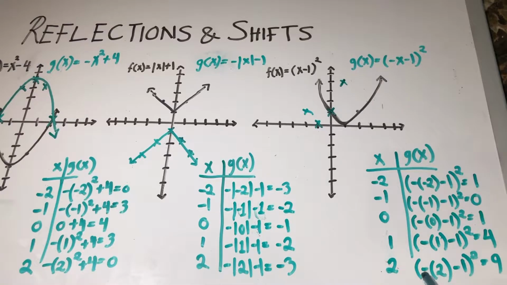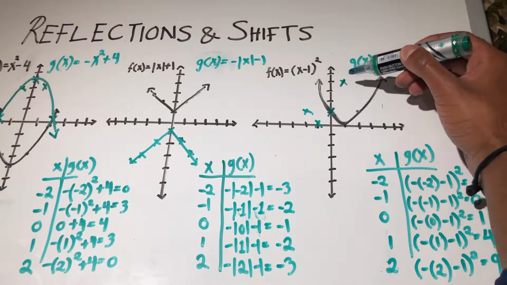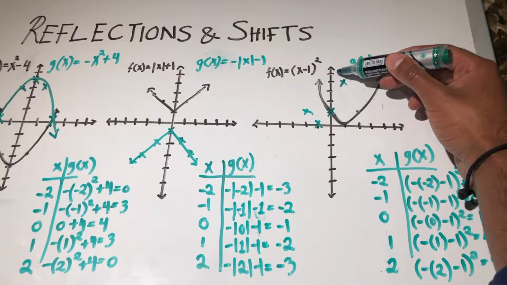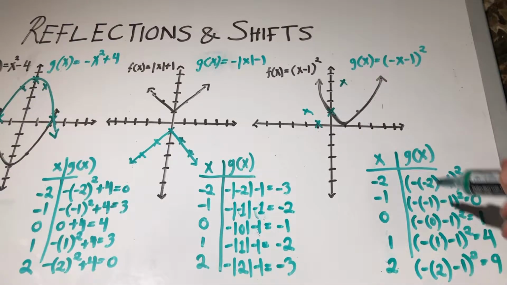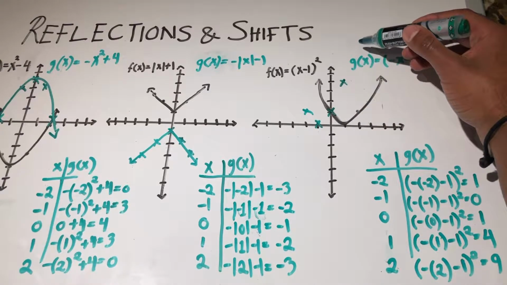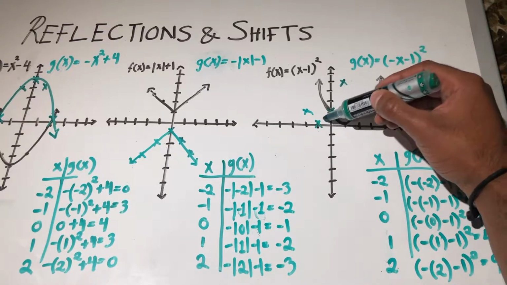Now we don't have to, since the plane is restricted to 5 increments, we don't really have to include this point, but we know that it's somewhere up here. So roughly, we can say that the graph is going something like this.